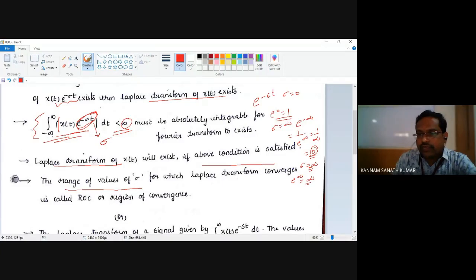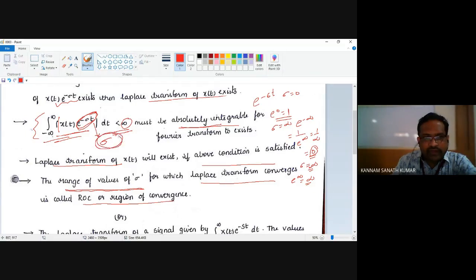So depending on the sigma value, the Laplace transform will or will not be absolutely integrable. So we define the region of convergence, ROC, as the range of values of sigma for which the Laplace transform converges. Sigma decides whether the given value is finite or not, and it should be a finite absolute value.